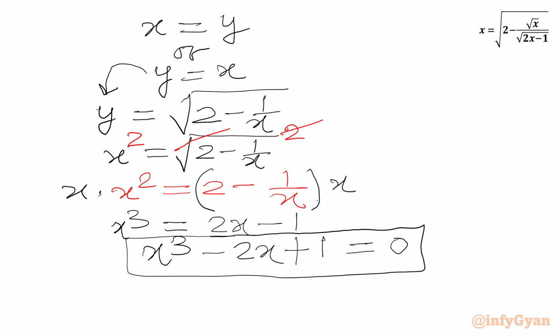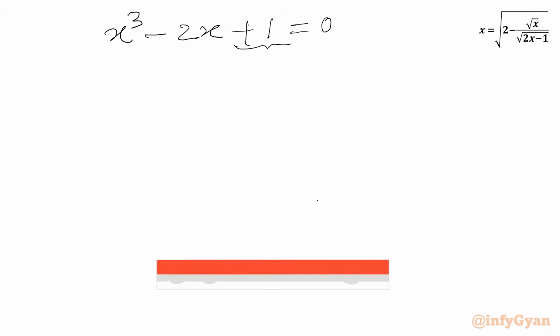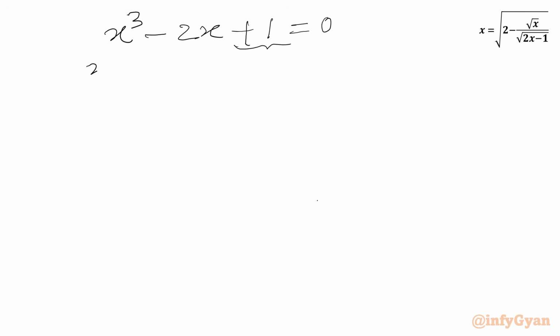If I plug in x equal to 1 over here, it will satisfy our equation. So let me write here x cube minus 2x plus 1. I will split 1 into 2 minus 1. So let us write x cube minus 2x plus 2 minus 1 equal to 0.